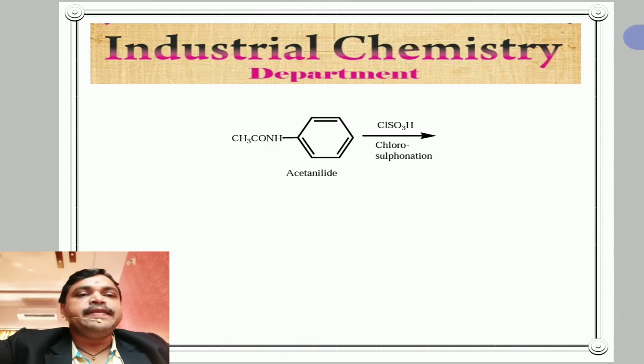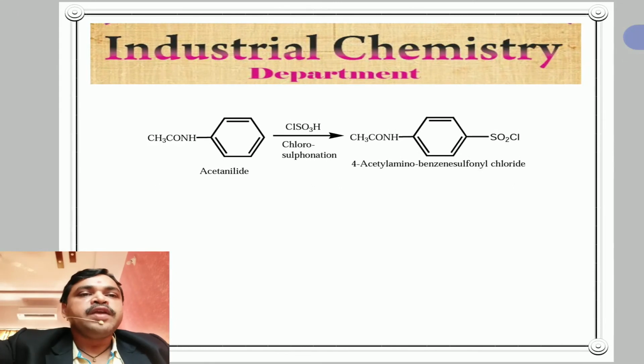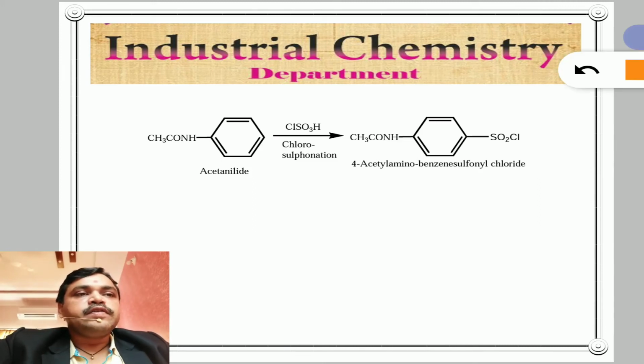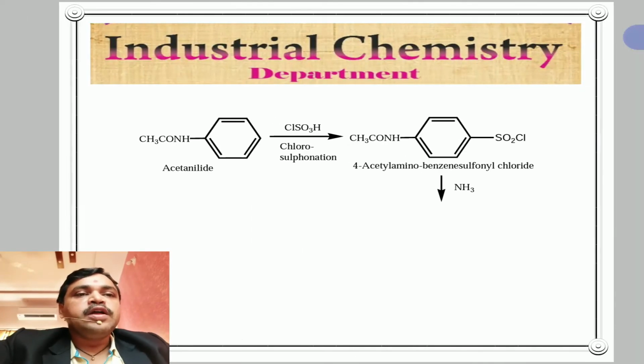Chlorosulfonation of acetanilide gives 4-acetylamino benzene sulfonyl chloride. It is noted that here the sulfonyl chloride group is introduced.